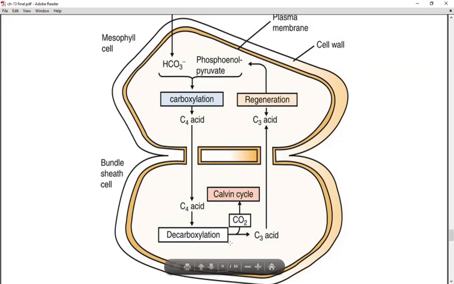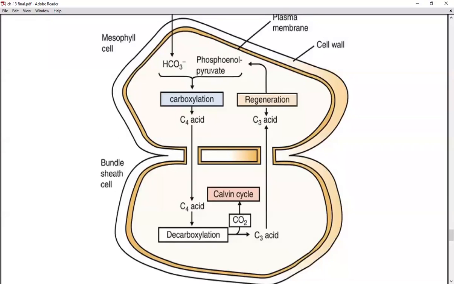As you can see, 1 molecule of carbon is released in the form of carbon dioxide, and the remaining 3-carbon molecule passes from the bundle sheath cell to the mesophyll cell. So here the C3 acid is transported from the bundle sheath cell to the mesophyll cell. Now this C3 acid has the ability to regenerate the phosphoenol pyruvate.